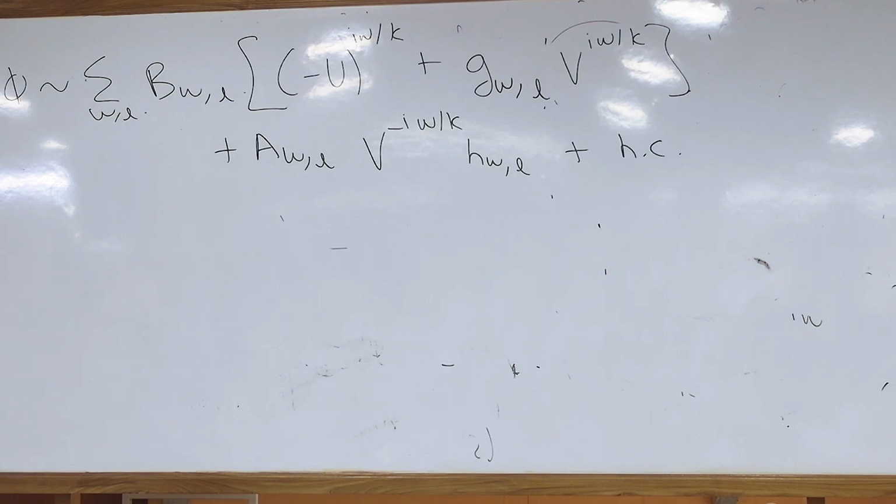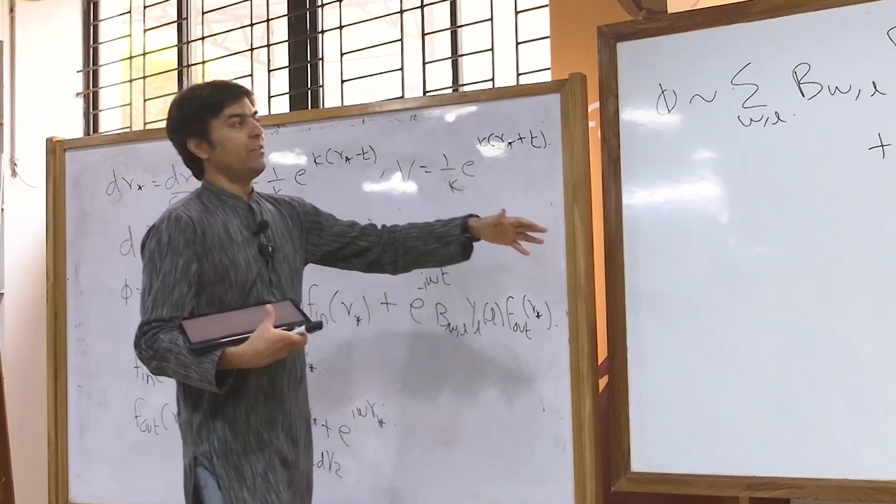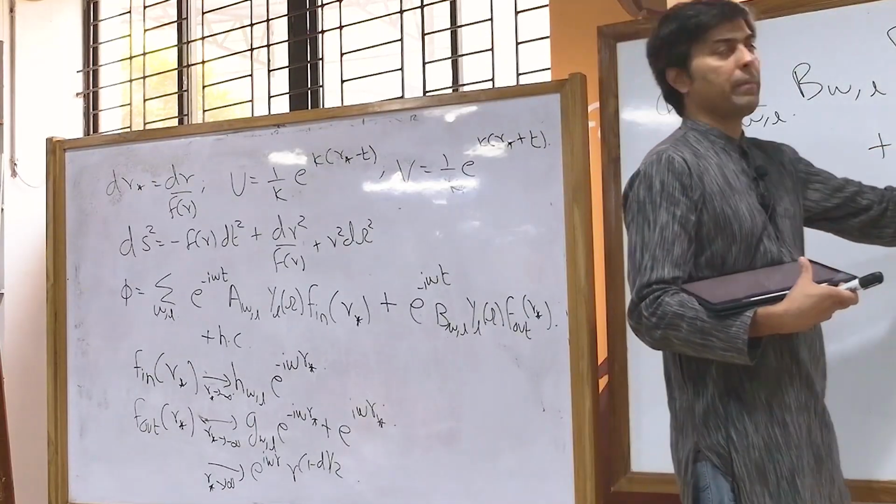And look at the formulas we have for u and for v. So I can write this factor of e to the i omega t plus r star into omega as v to the minus i omega by k.